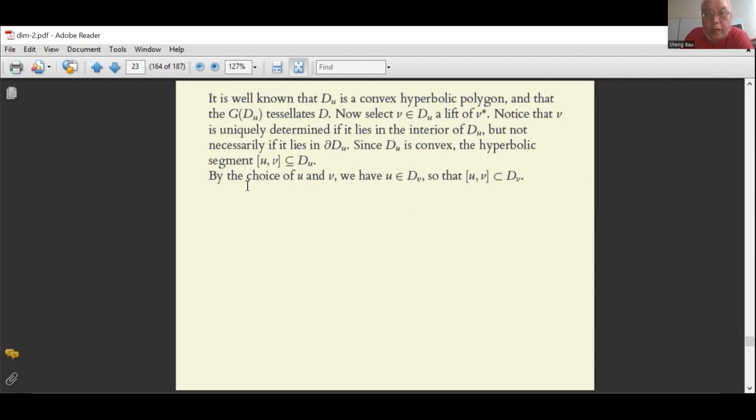DU is convex. This hyperbolic segment is completely inside the Dirichlet region. And U is in DV, so that the segment UV is also in DV.